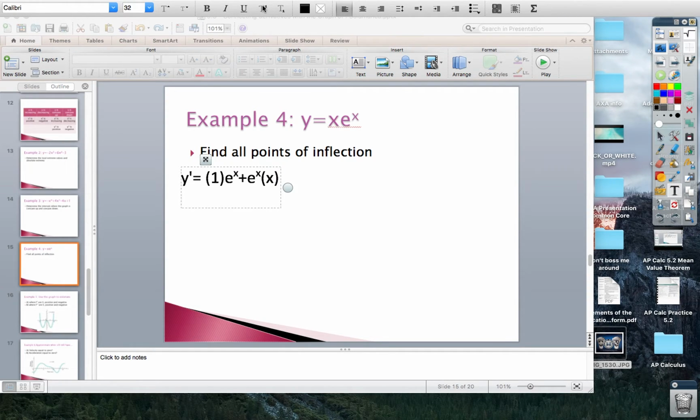That's the first derivative. Second derivative, 1 times e to the x is just e to the x. So derivative of e to the x is e to the x. Plus, if you take a look at the next value we're taking the derivative of, that's the same exact thing as our original. So we're just going to rewrite that derivative, which is the same as y prime.